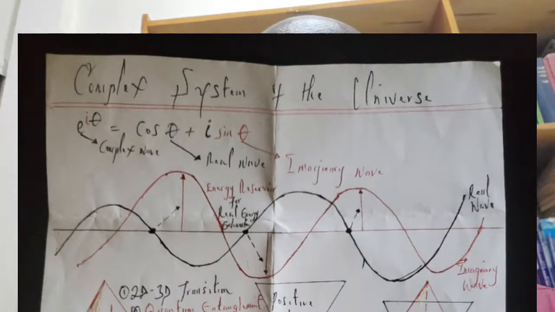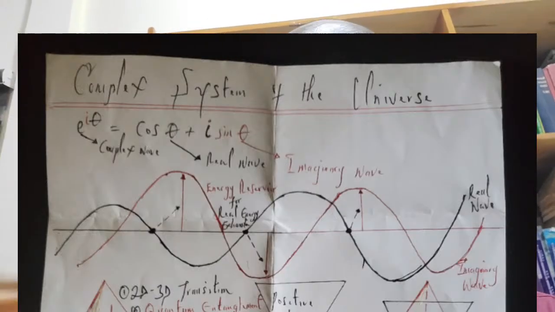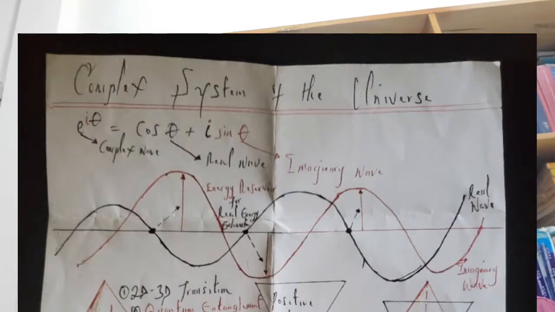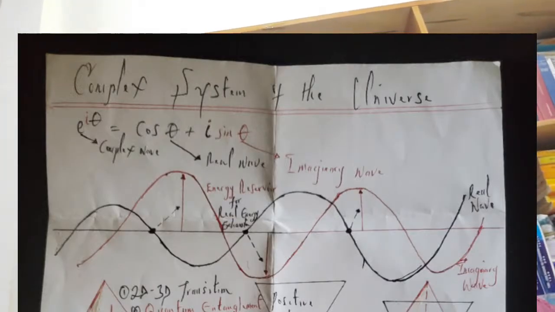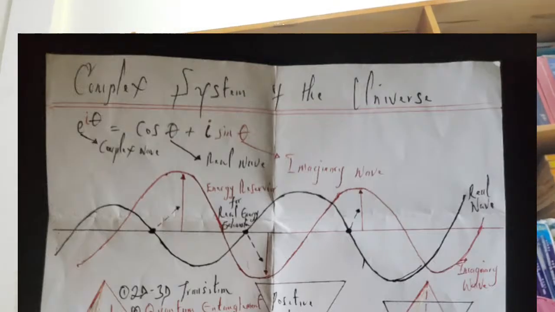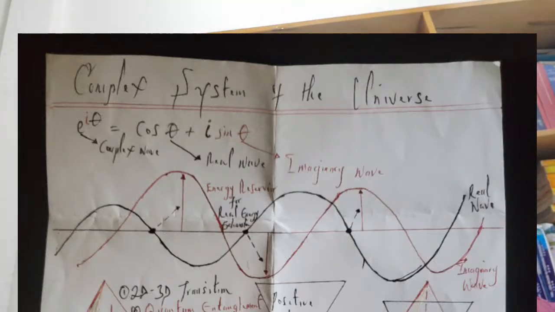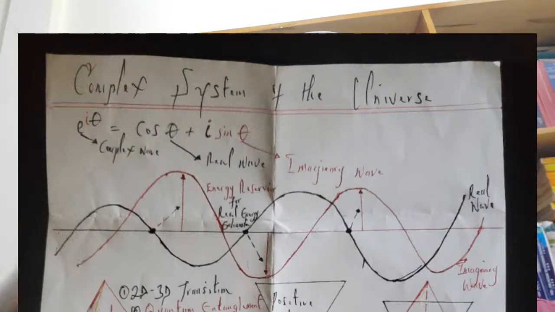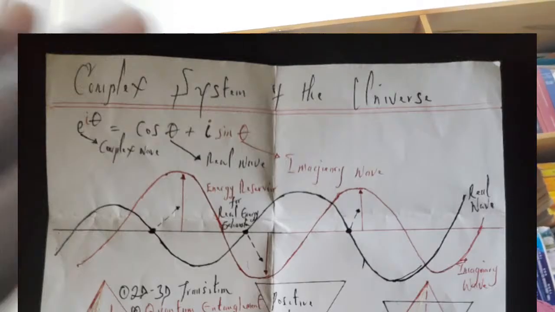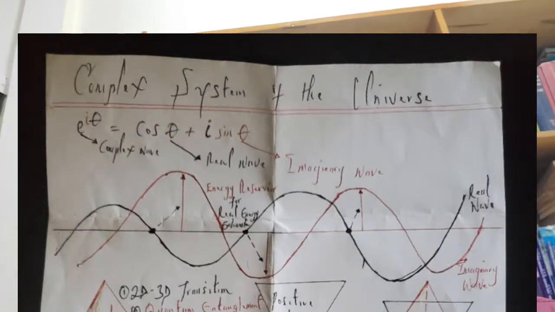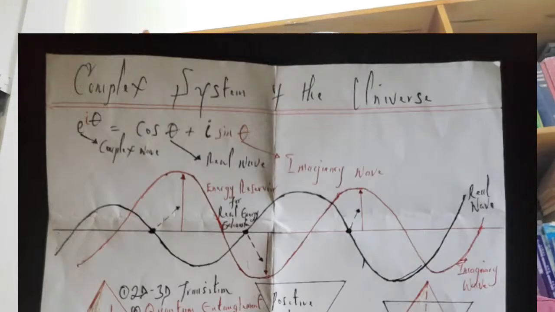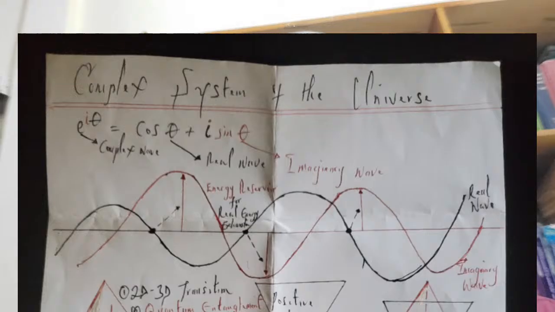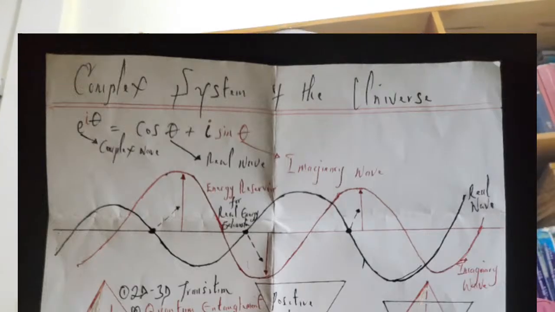First of all, he made mention of Euler's equation, you understand, which is e to the i pi plus 1 equals 0. When you take plus 1 to the other side, you have minus 1. Now the first thing, he made mention of the exponential function. He said the exponential function deals with growth, and as well deals with decay.